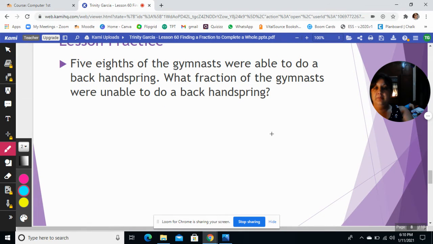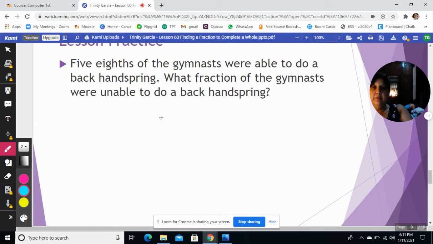Okay, letter B on lesson practice. 5/8 of the gymnasts were able to do a back handspring. What fraction of the gymnasts were unable to do a back handspring? Okay, now if you can do these in your head, that is fine. But it is also fine for you to take the time and draw it out.